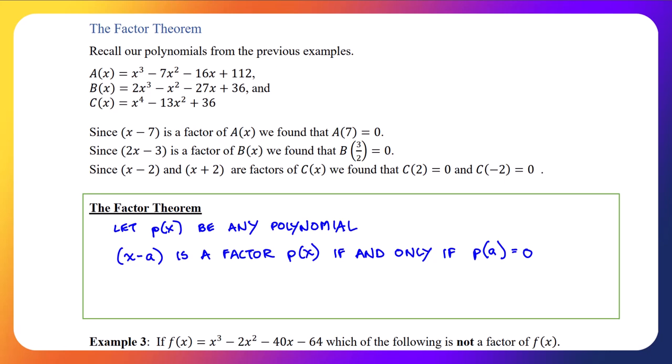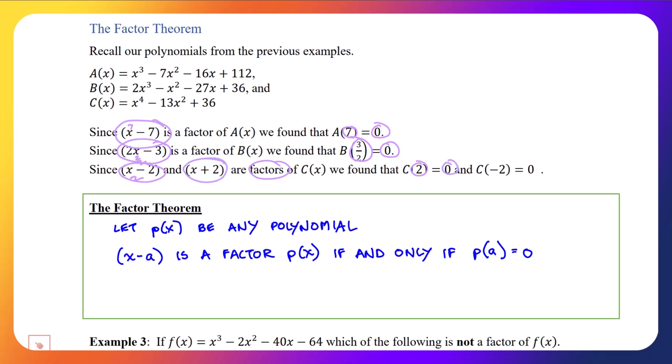The factor theorem. We saw that if x minus 7 is a factor, if I plug in 7, I'm going to get 0. If 2x minus 3 is a factor, if I plug in 3/2, I'm going to get 0. If x minus 2 is a factor, if I plug in 2, I'll get 0.